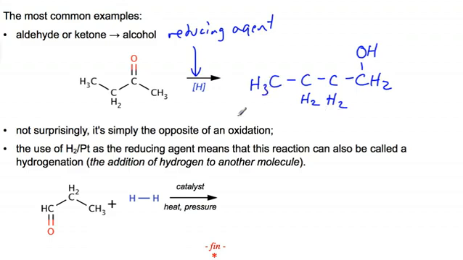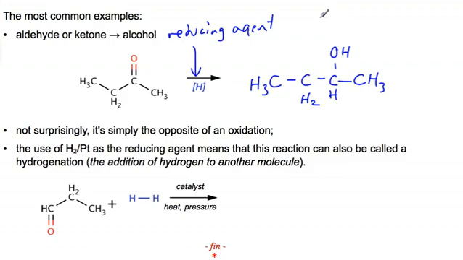So I get from butanone, sorry. Whoops, I put the OH on the wrong carbon. Let's go back and fix that. It's on carbon 2 because the oxygen stays on the same carbon. And so a ketone with that interior carbonyl group gives rise to a secondary alcohol.